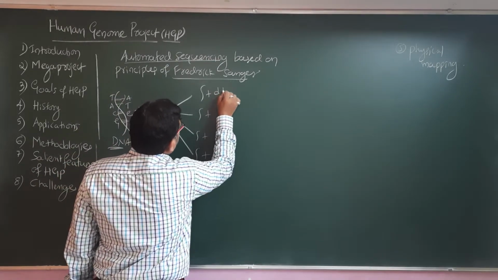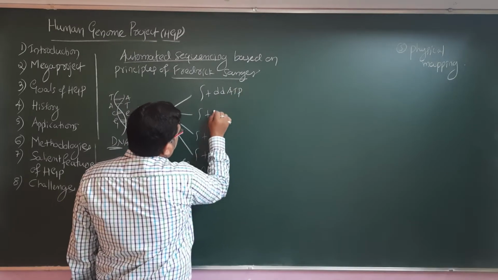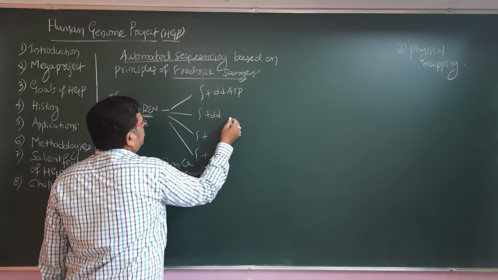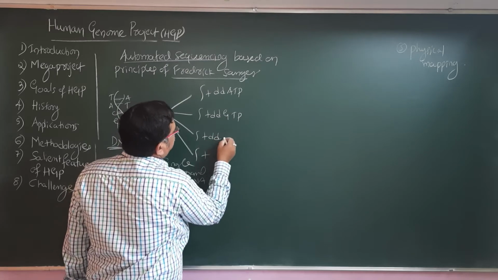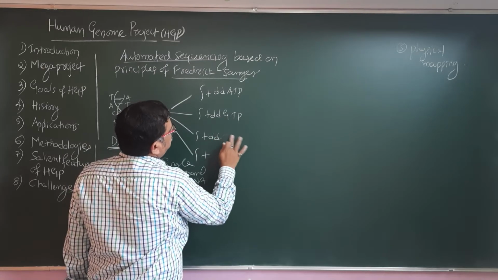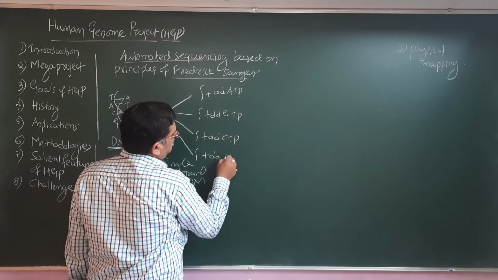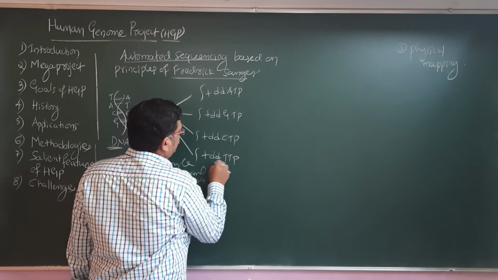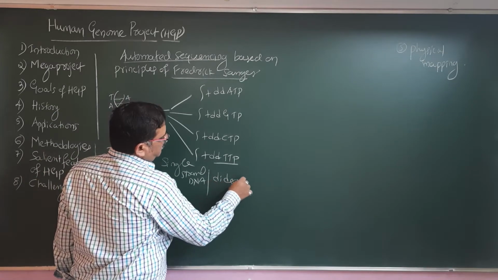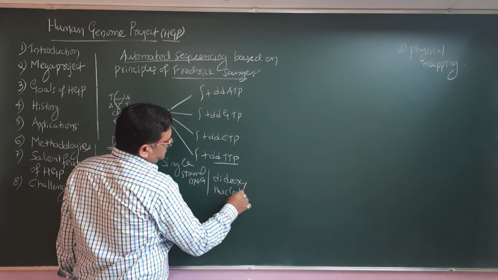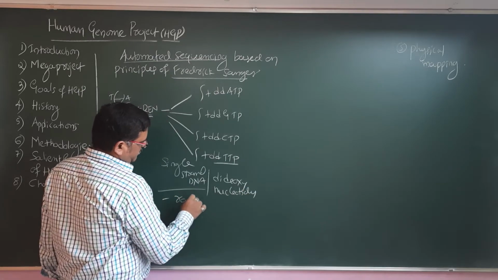We need to add dideoxy adenosine triphosphate, dideoxy guanosine triphosphate, dideoxy cytosine triphosphate, CTP, and dideoxy thymidine triphosphate. What is this dideoxy? These are deoxynucleotides, and they are radio labeled.